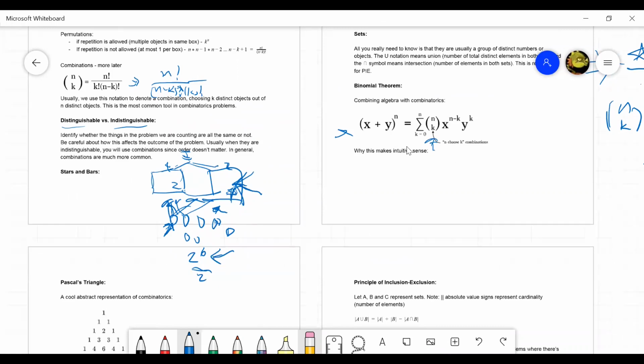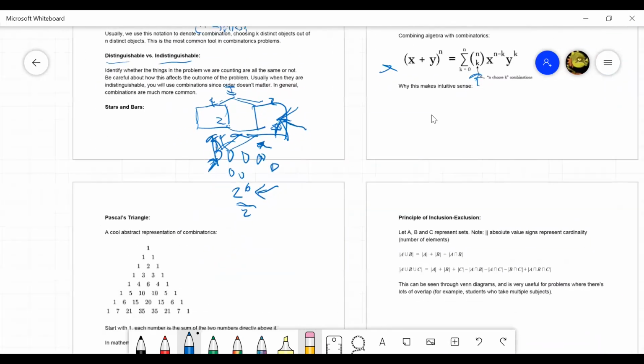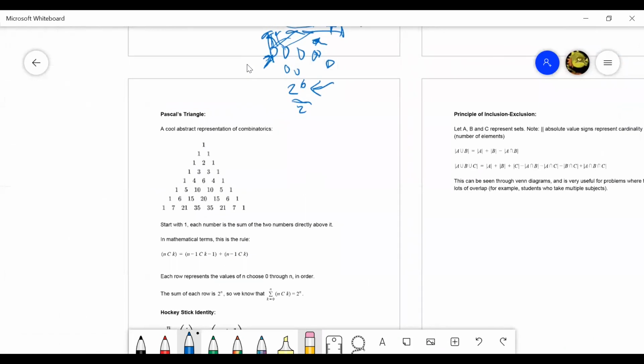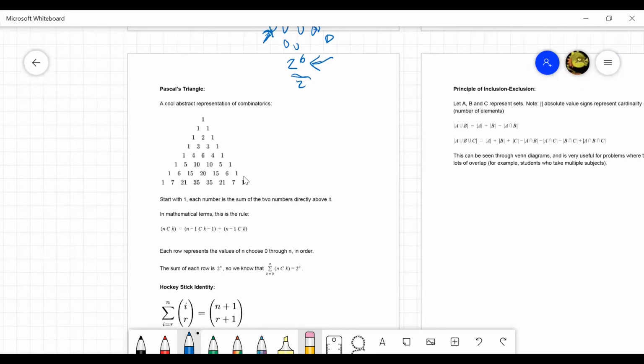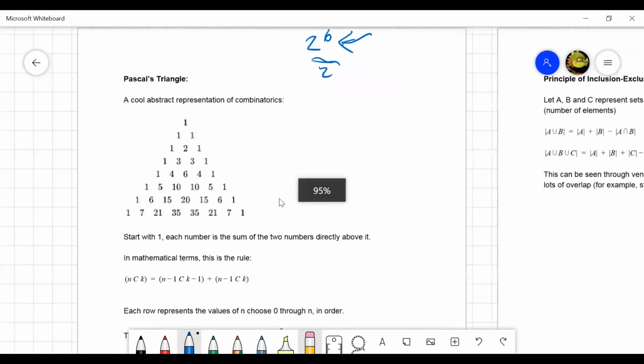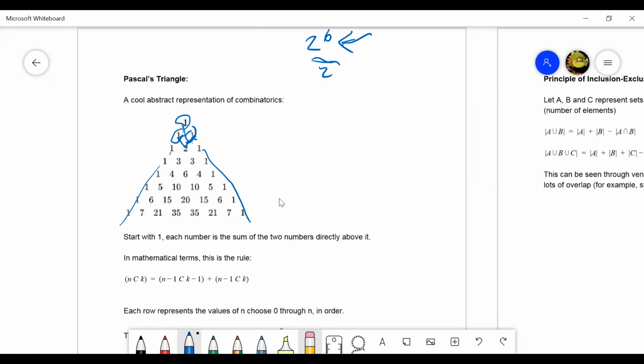All right, so I'm going to go on from that to Pascal's triangle. And this is a really, really cool, in my opinion, representation of combinatorics. Essentially in Pascal's triangle, we start off with the numbers 1 and 1 and 1 here, and then every number in the next row is just the sum of the 2 numbers diagonally above it, and the 2 end numbers are always going to be 1.